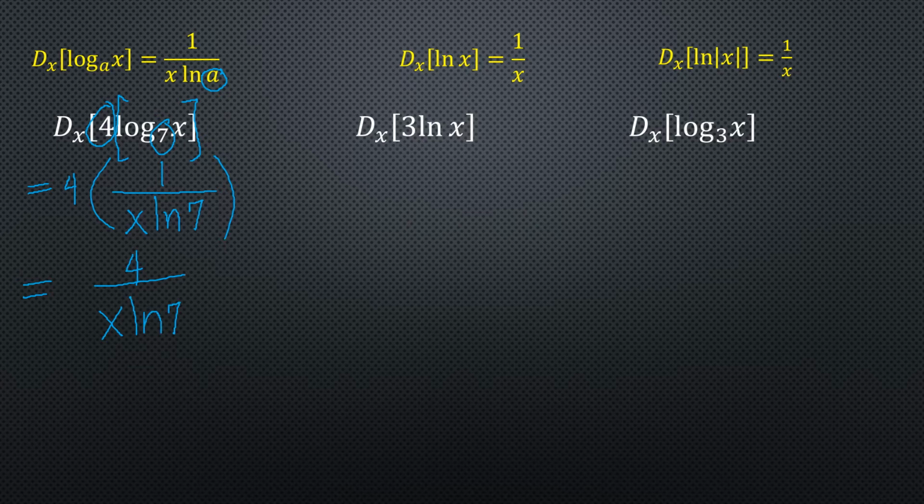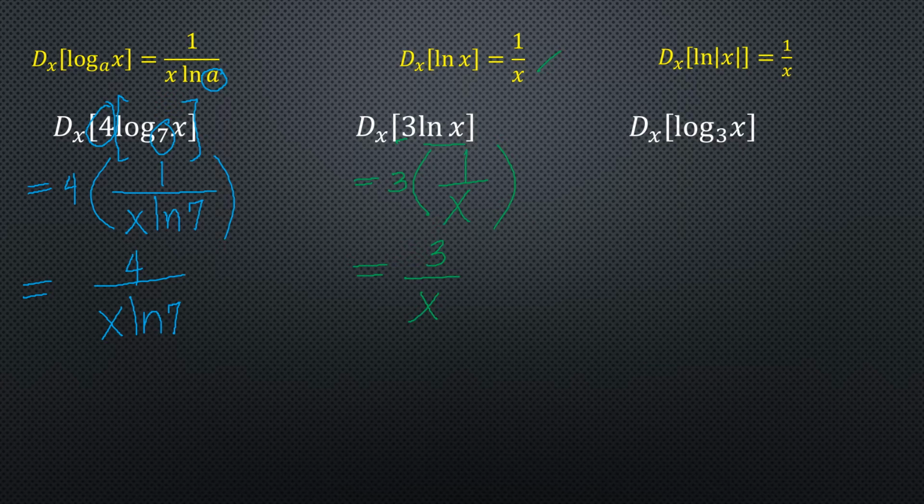Now the second example, we have the derivative of 3 times ln of x. We separate 3 and get the derivative of ln of x, so that is 1 over x. Multiply 3 to 1 over x, so we have 3 over x.